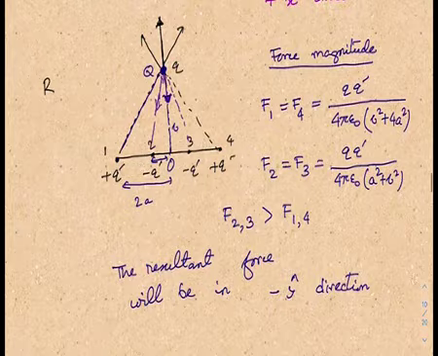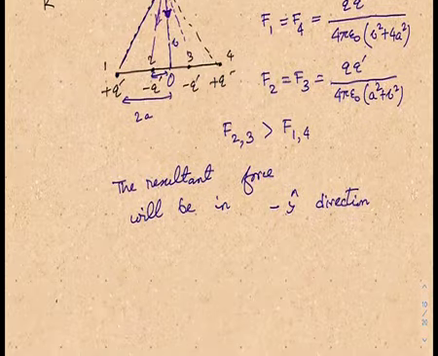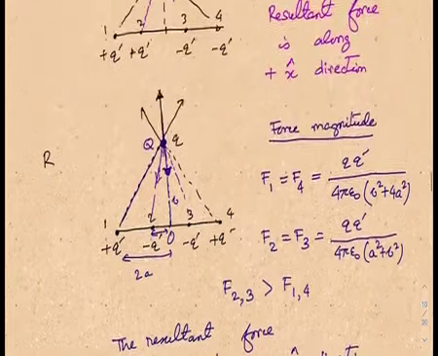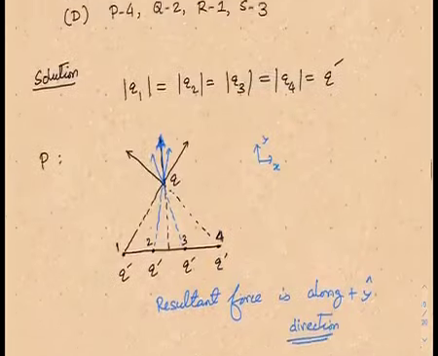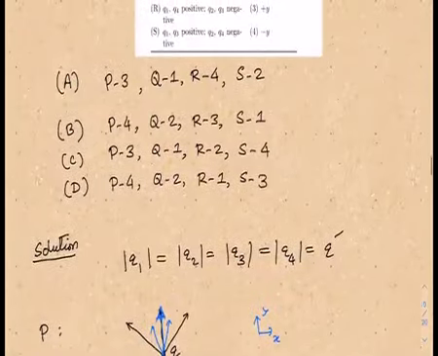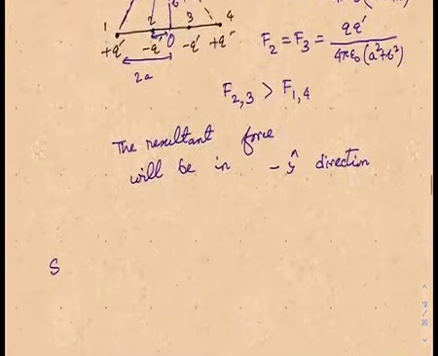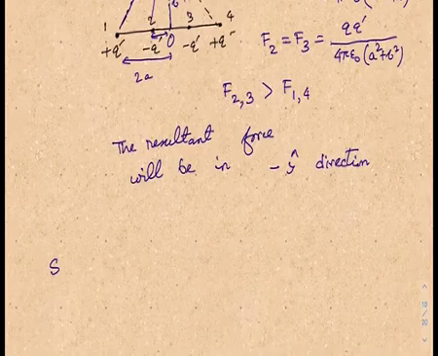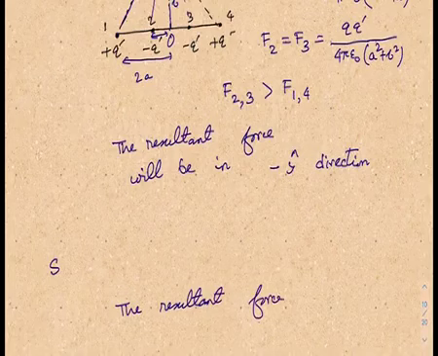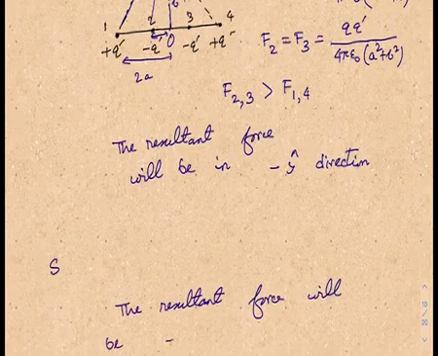In fact, I can leave it for you to do in the last case, where Q1, Q3 are positive and Q2, Q4 are negative. If you work it out, the resultant force will be along the negative x direction.